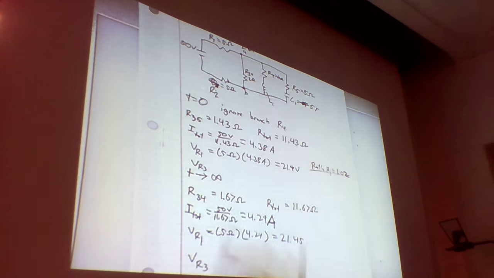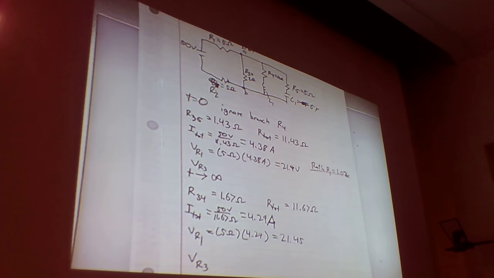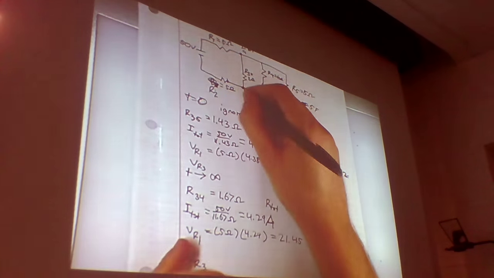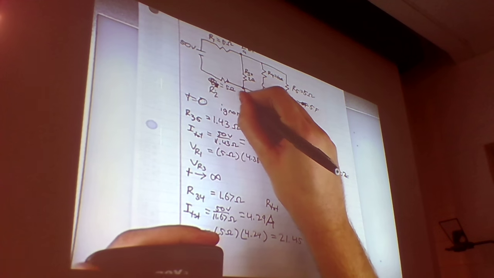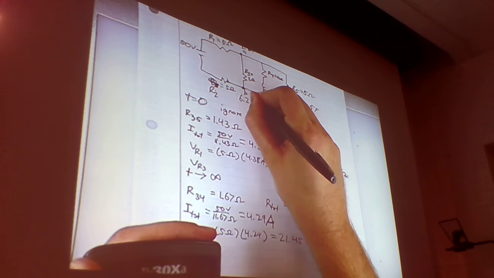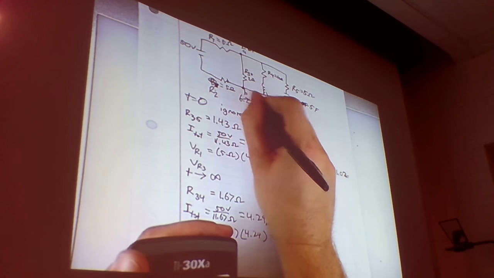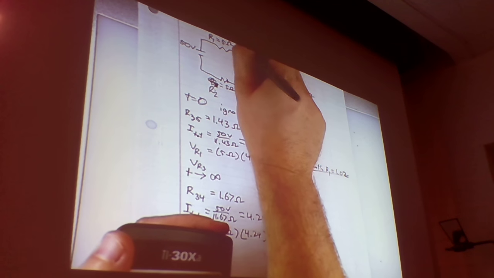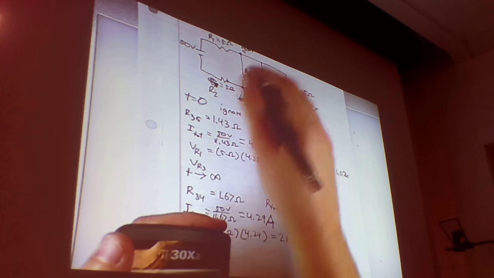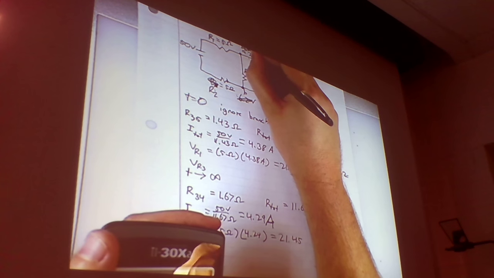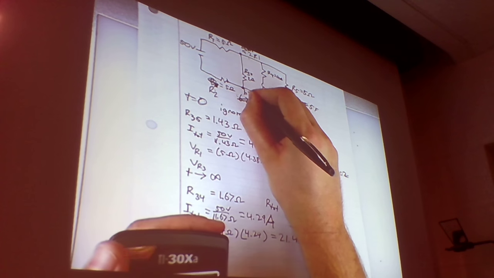So point B will be 21.9. Here should be 21.9, sorry.